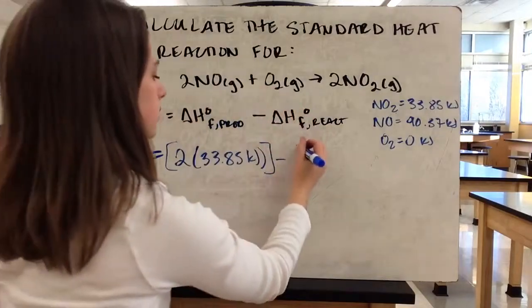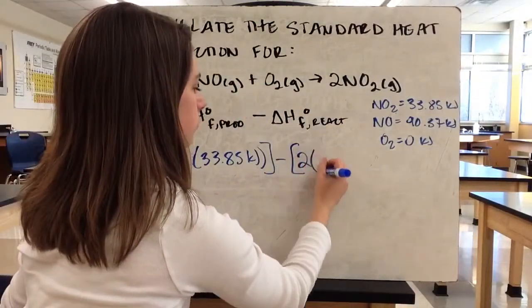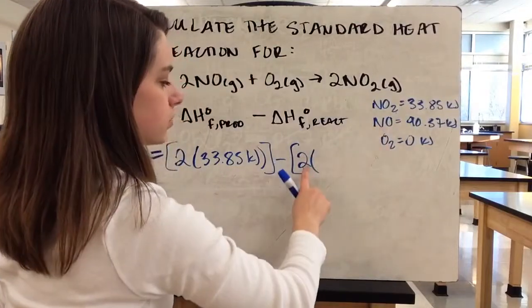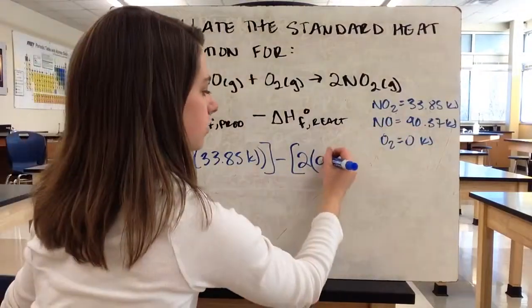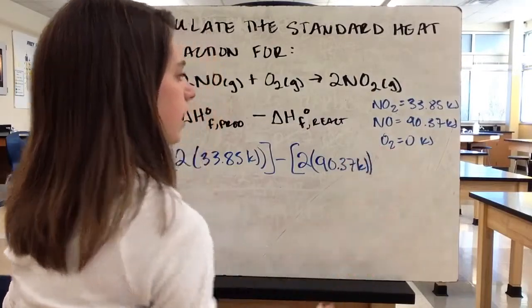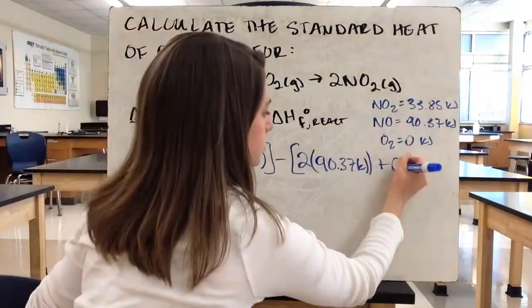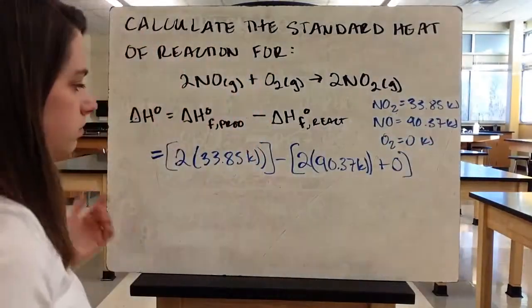So I have 2 reactants. My first one is nitrogen monoxide, and there are 2 of them. So I'm going to do 2 times the value of 90.37 kilojoules. And then I'm going to add to that my value for oxygen, and oxygen's just 0, so I'm adding 0.